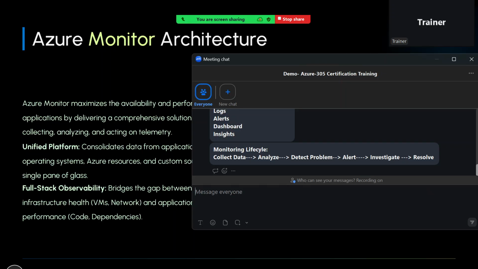So the observability architecture flow looks like this. It starts from Azure resources. Then it goes to Azure Monitor, then to Log Analytics.